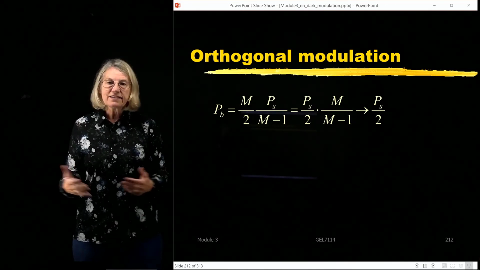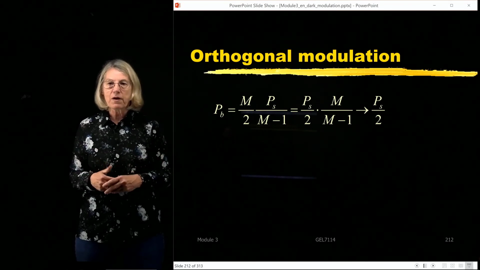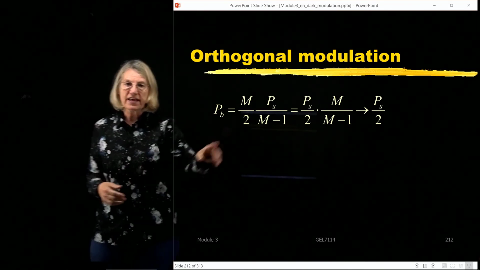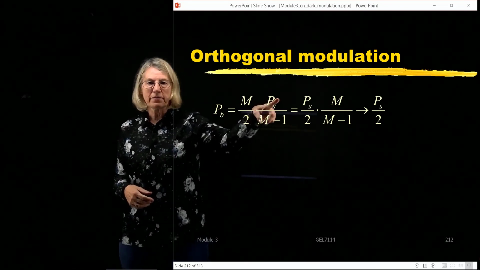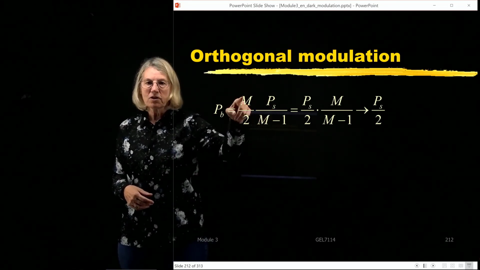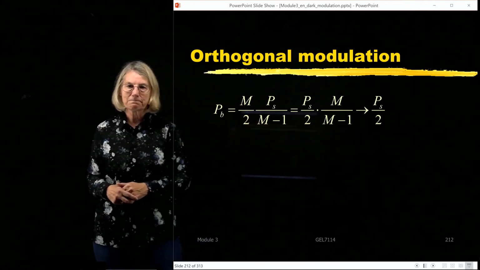So I take that equation in 2 unknowns and I solve for the probability of bit error. And when I solve for that, I come up with this expression. So I say the probability of bit error is the probability of symbol error multiplied by m over 2 and divided by m minus 1.